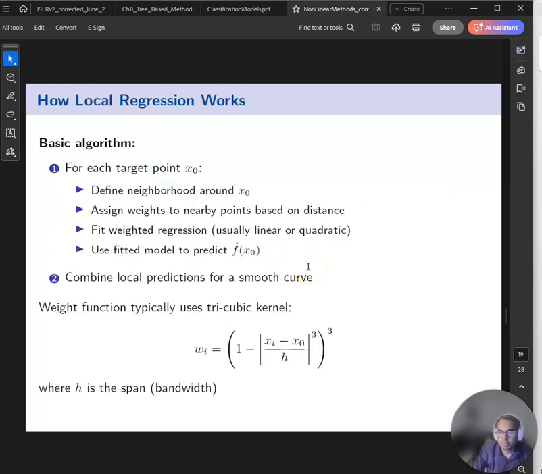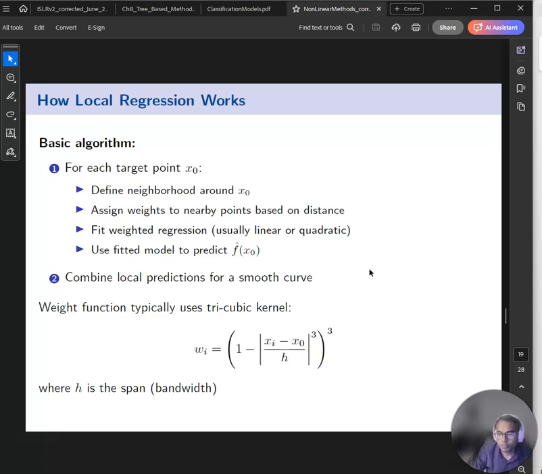So let me walk you through the basic algorithm. For each target point x0, where we want to estimate the function, we follow these steps. First, we define a neighborhood around this point. Then we assign weights to nearby data points based on their distance from x0. Points closer to x0 receive higher weights, and distant points receive lower weight or zero weight if they are too far away.